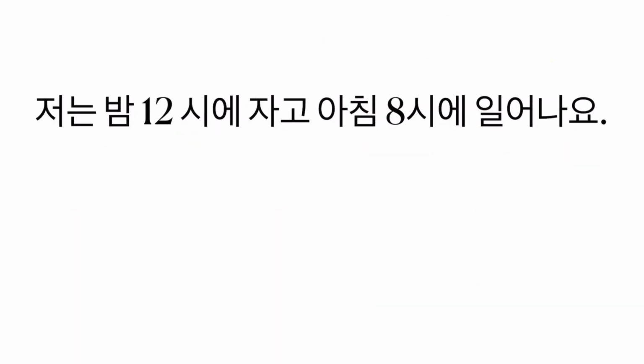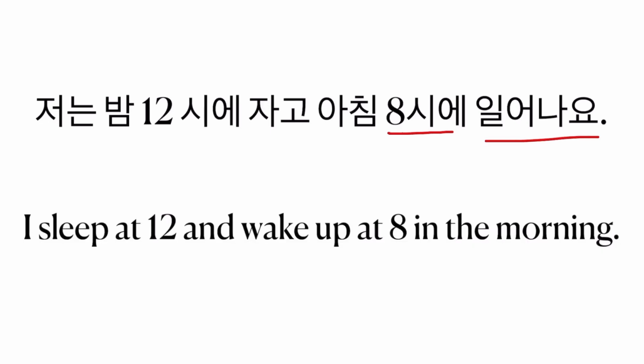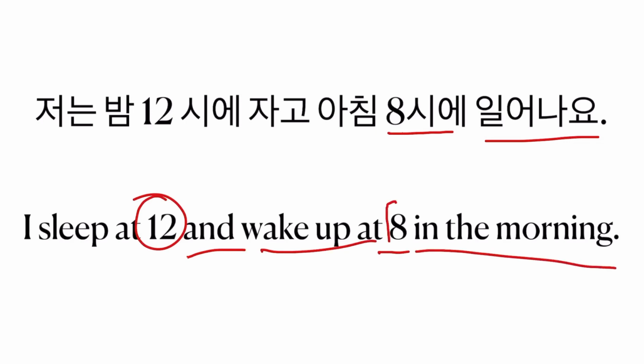저는 밤 12시에 자고 아침 8시에 일어나요. Let's see the English sentence. I sleep at 12 and wake up at 8 in the morning. So 저는 밤 12시 means 밤 is night.